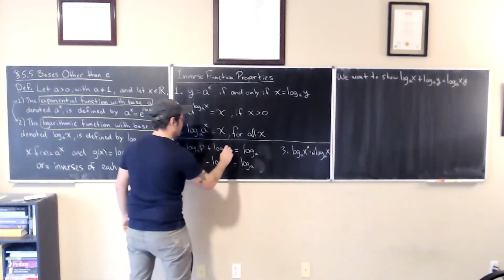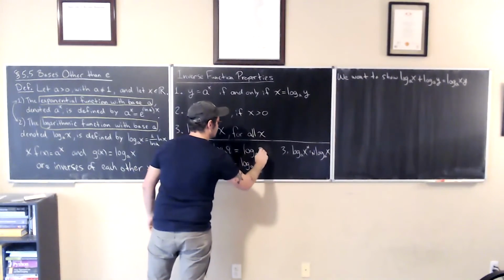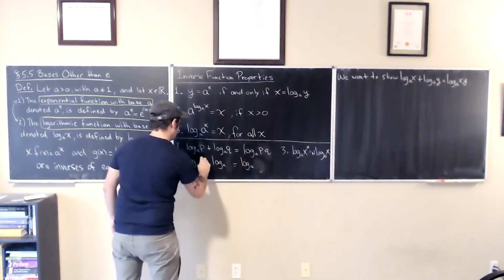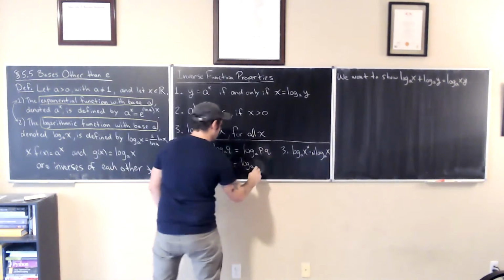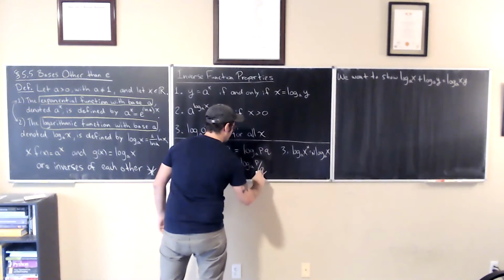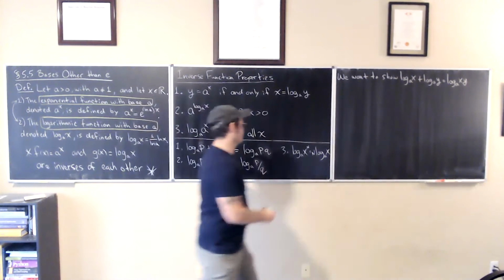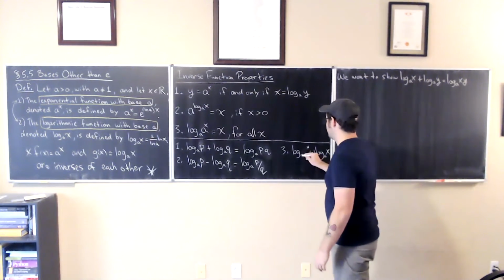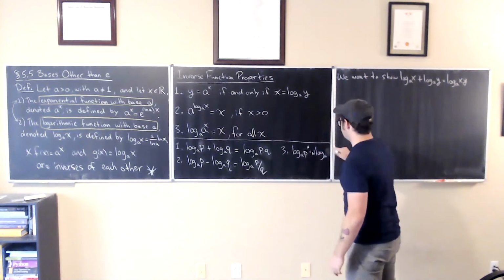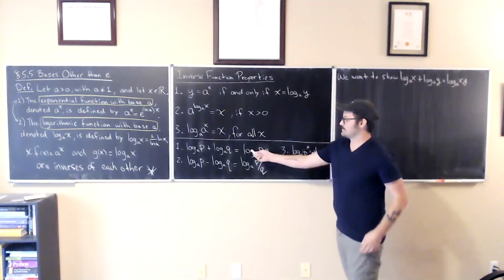Make P and Q. P times Q. P divided by Q. That way there's no mix up between the x's and the y's. And these are the properties. There's P right here, and we're trying to show this one.